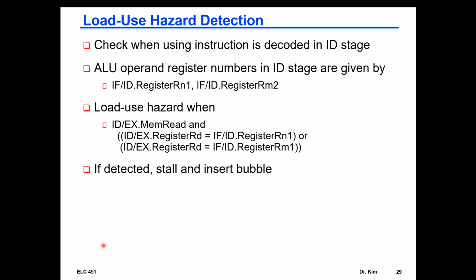So what are the conditions for this? We have to check for that load use hazard when the memory read instruction is asserted, and if the destination of the instruction decode execute boundary pipeline register is equal to either of the source registers.